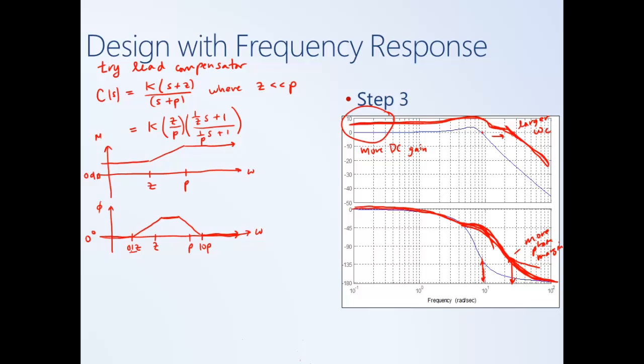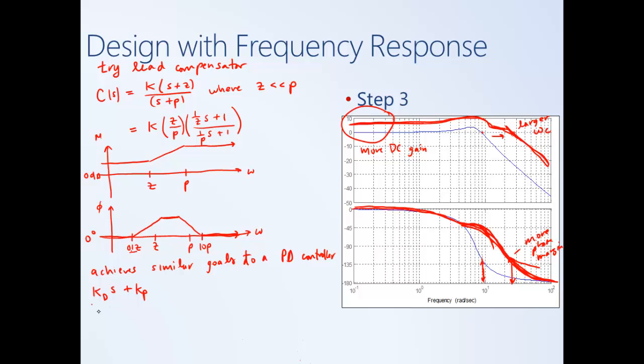It turns out that a lead compensator achieves similar goals to a PD compensator, PD controller, where if you recall, a PD controller has a derivative term, it has a constant multiplying the derivative of the error, and then it has a proportional term, which is a constant just multiplying the error.